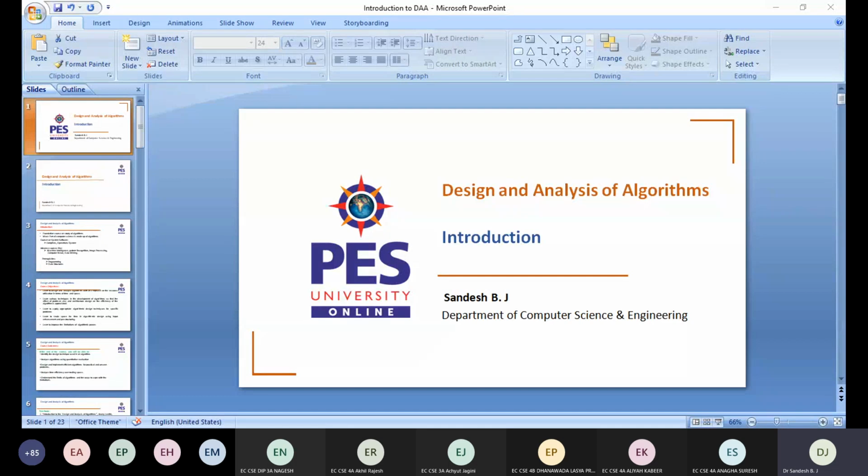So you will learn to trade space for time in algorithmic design. Like you will enhance the input, or you will structure the input. Pre-structuring is done before you execute the algorithm. Then finally, you will learn about the limitations of algorithmic power. These are the course objectives.